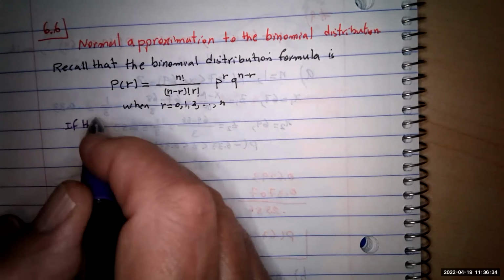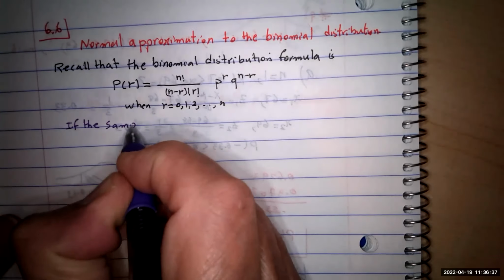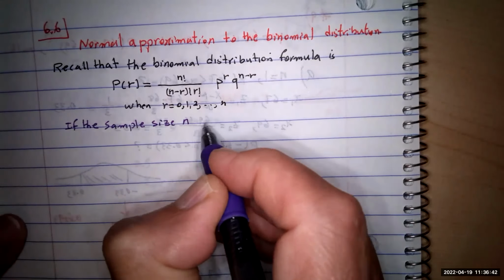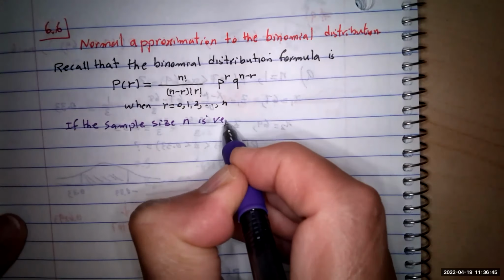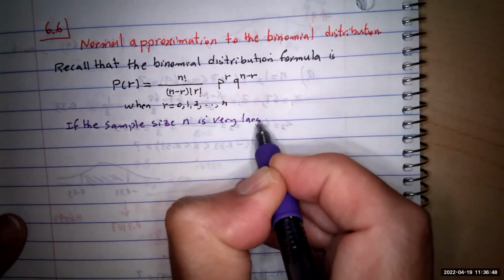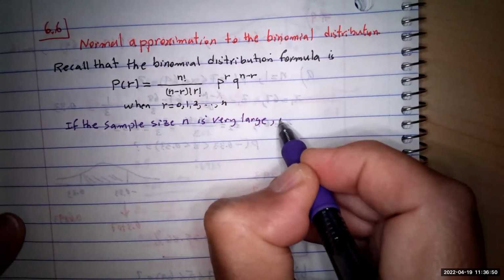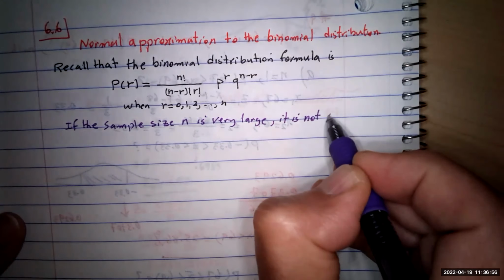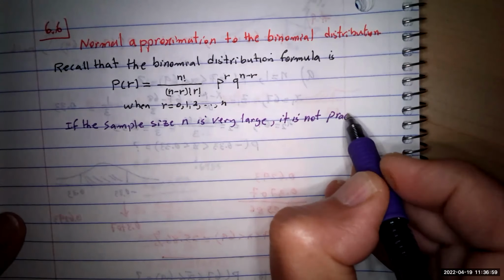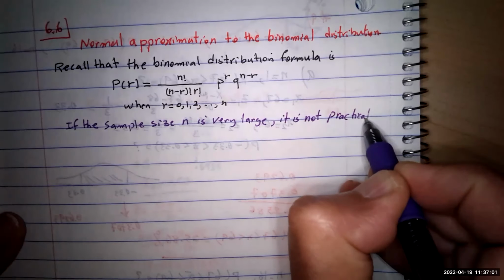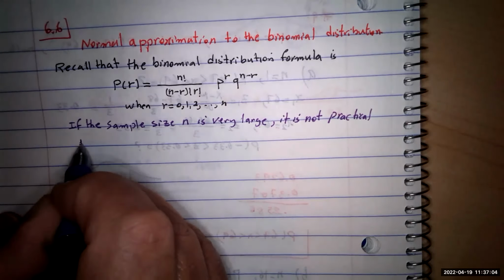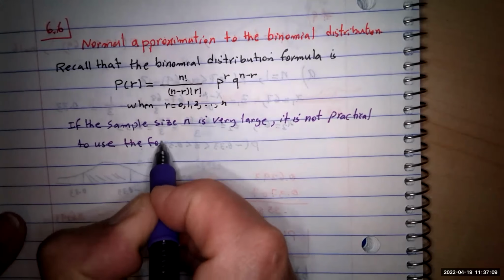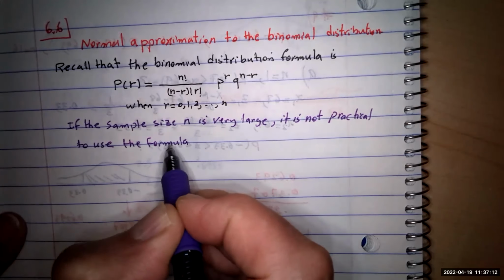Remember, if the sample size n is very large, then it is not practical. It is possible, of course, just using a good calculator, but it's not practical mathematically to use the formula.